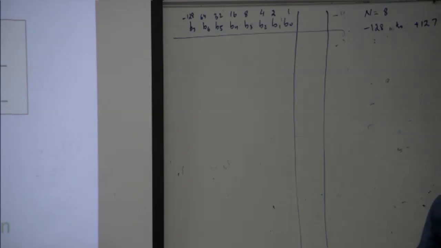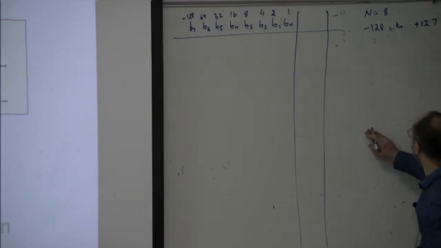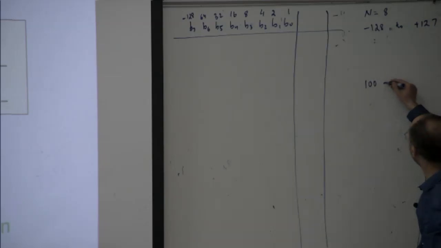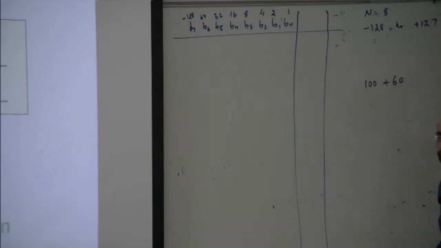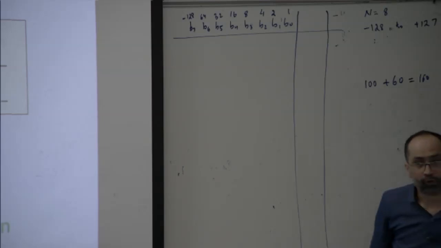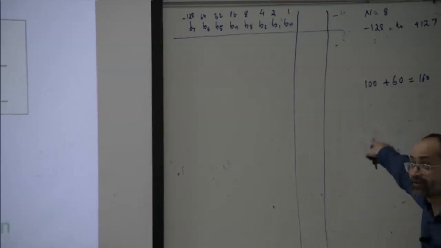Now we want to perform some computation. First, 100 plus 60. What's the result? 160. Overflow or no overflow? Overflow, and then we will prove it using a method.